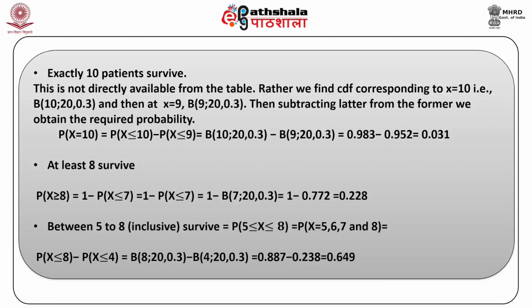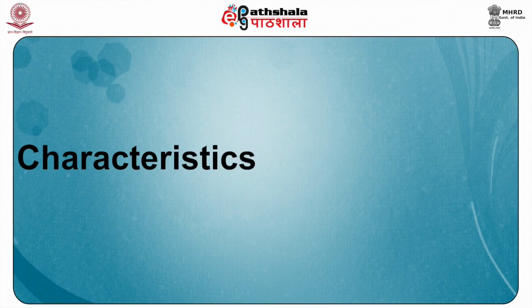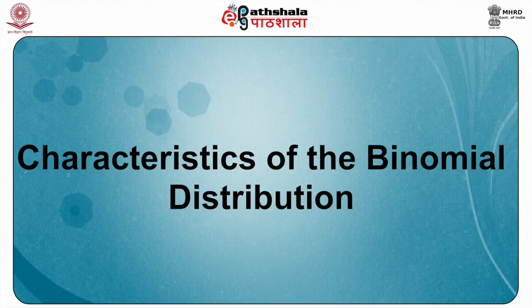The table gives us values of 0.887 minus 0.238, and this comes out to be equal to 0.649. So with the help of this example, we have tried to explain how we can use the tables to find out the required probabilities. Having understood this, let us now look at the characteristics of the binomial distribution.